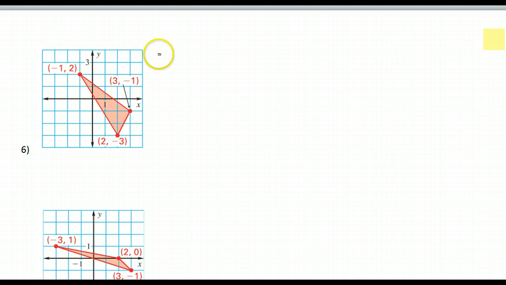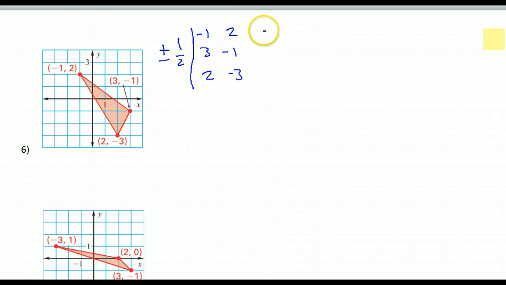So I need to do plus or minus 1/2 of this determinant. So I'm going to do -1, 2, and I'm going to do 3, -1, and I'm going to do 2, -3, and then just fill in the rest with 1s.